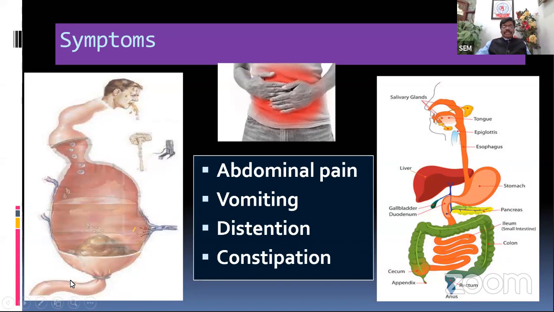Next, it is not going to go through this obstruction. So whatever is the content here, it comes out. Initially, it will be only the content of the stomach, so it will be non-bilious. Then the biliary content, that is duodenum and proximal jejunum, is bilious in nature. And if the content from the distal small bowel comes, then it becomes more brownish, or I call it feculent. Because of the bacterial proliferation in the distal small bowel, an odor is there.